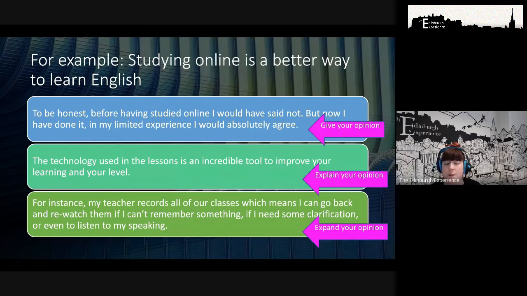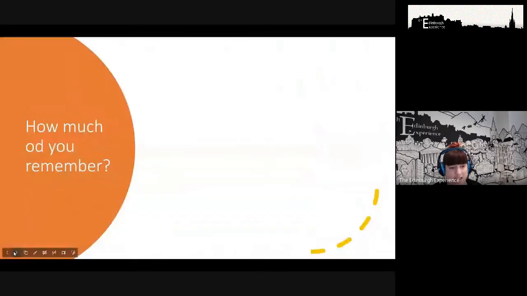Okay, so if you're coming out with great expressions like to be honest, or in my limited experience, as well as helping express the function, it's going to improve your vocab mark too. Okay, so this is what we want to think about to make a nice rounded answer.